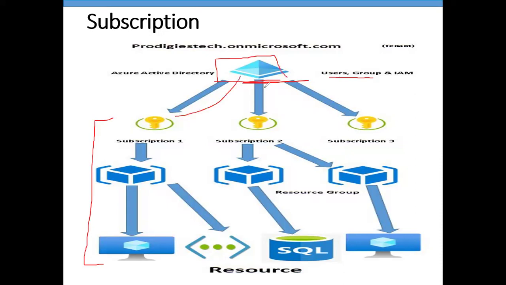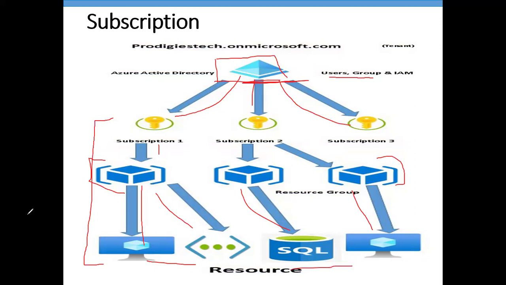After that, we have our subscription, and then after subscription, we have the resource group. What is a resource group? We'll discuss definitely. Under our resource group, we can create our resources. Resources means virtual machines, databases, virtual networks. Those things we can create here.